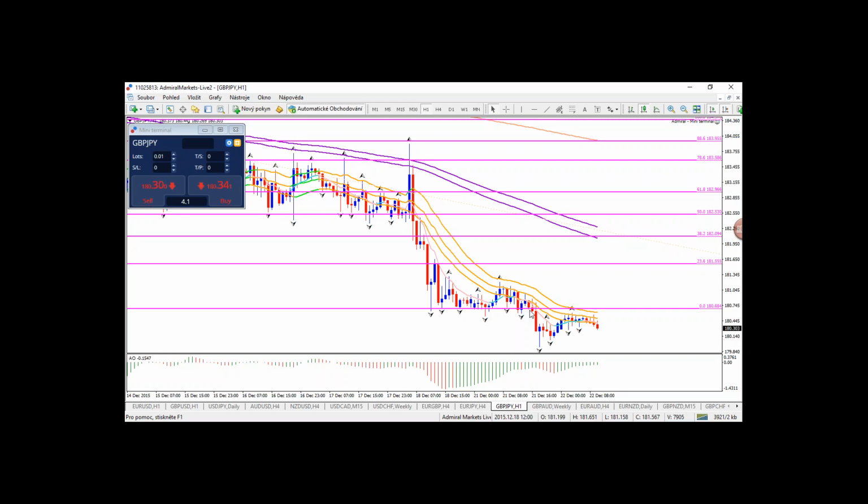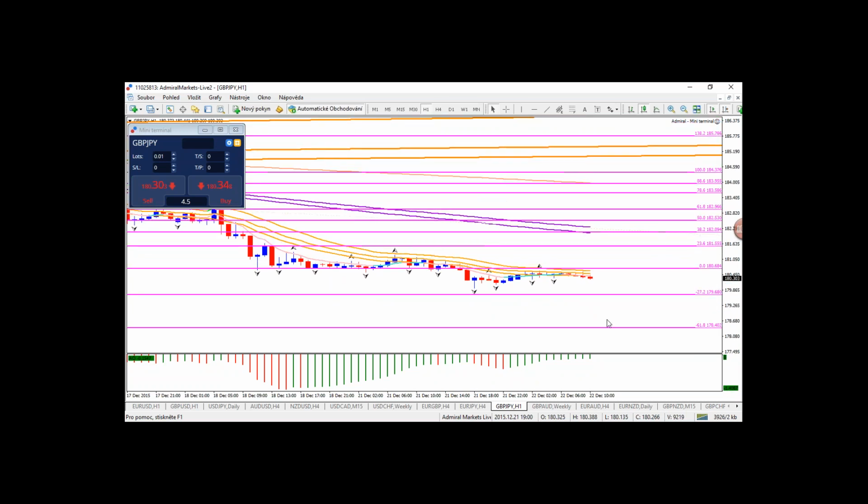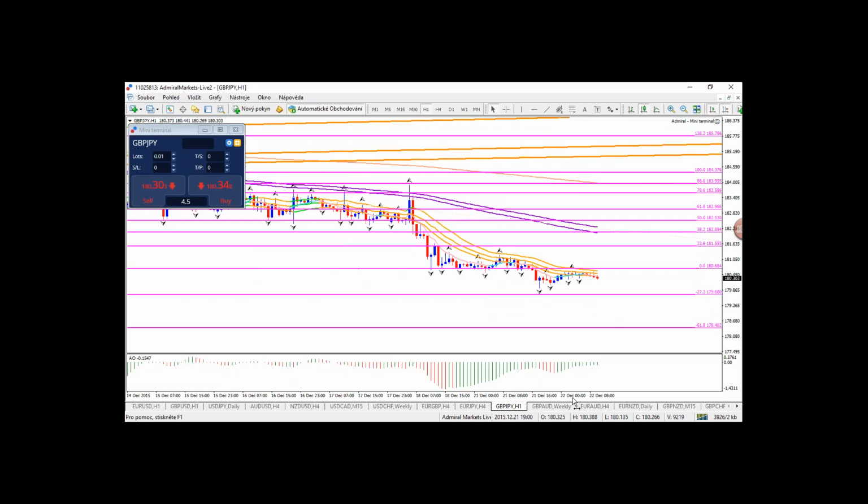Price is hanging below last week's low. No divergence on this hourly chart. It might just continue down to the minus 61.8 target and then bounce.